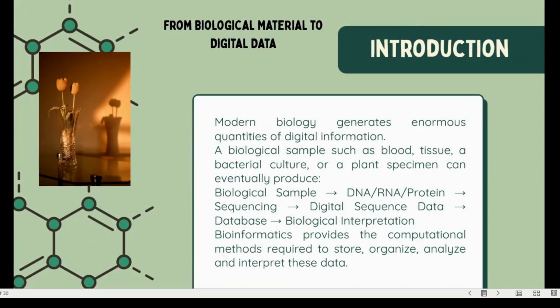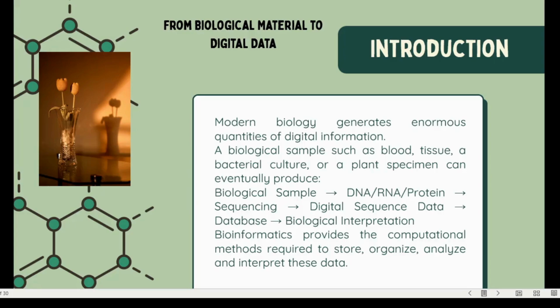So, from biological material to digital data, how does it go? Modern biology generates enormous quantities of digital information. You can take any biological sample, such as blood, tissue, a bacterial culture, or a plant specimen, and produce DNA, RNA, or protein sequence from it.